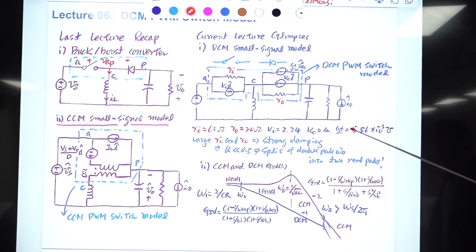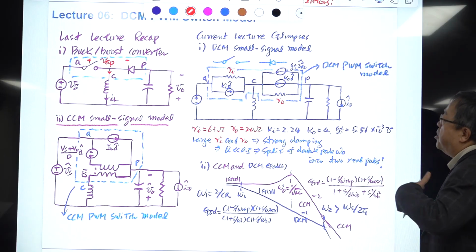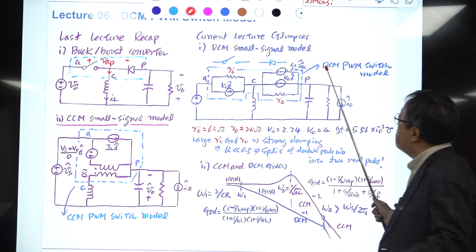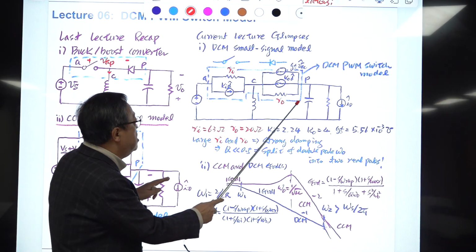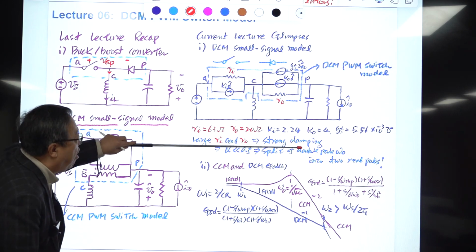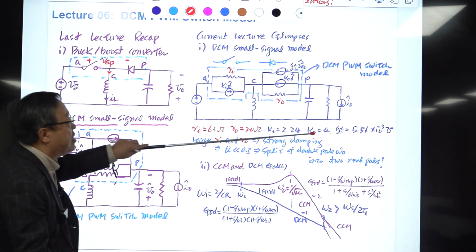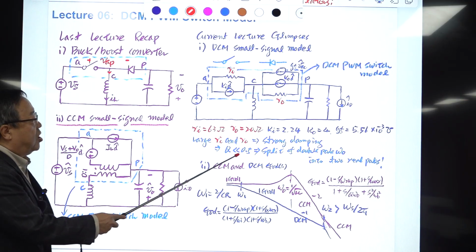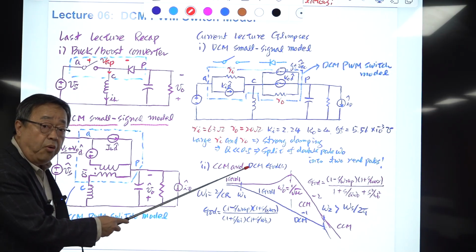This is a second order model because we have L and C, but the large Ri and Ro provide strong damping to the dynamics, resulting in a quality factor Q of less than 0.5, much smaller than 0.5.